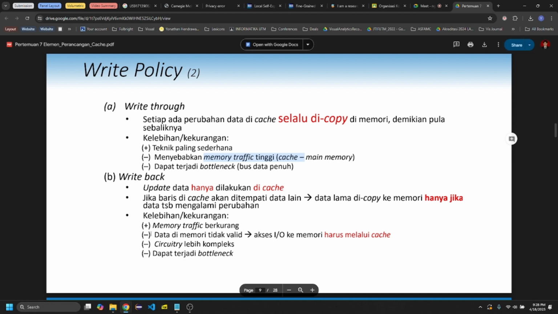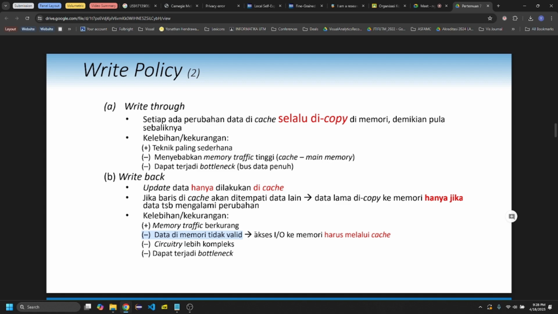And then the downside: data inside the memory might not be valid. So in the cache it's already updated, but in the memory it still hasn't been updated.